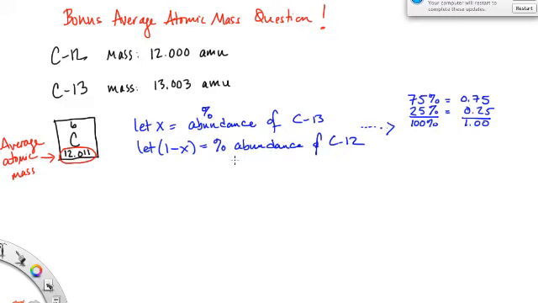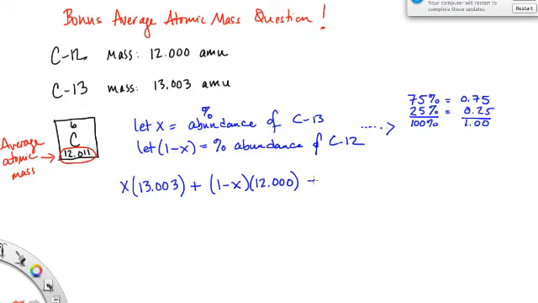Now what we're going to do is set up an algebraic equation, okay? So since I'm letting x equal the abundance of carbon-13, I'm going to take x times the mass of carbon-13, which is 13.003. I'm going to add it to 1 minus x, which is the percent abundance of carbon-12, times the mass of carbon-12, which is 12.000.